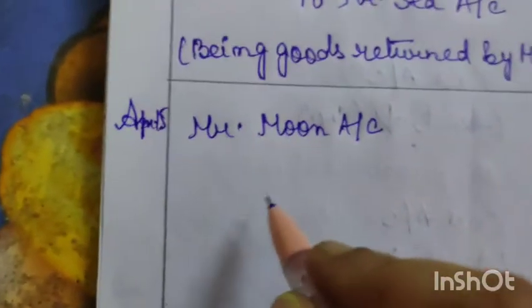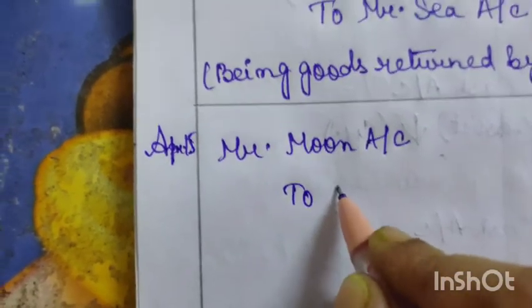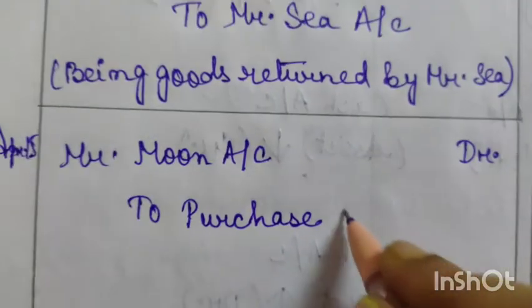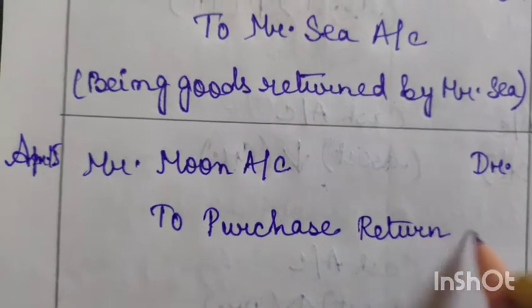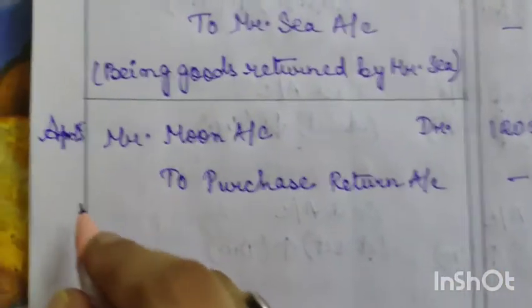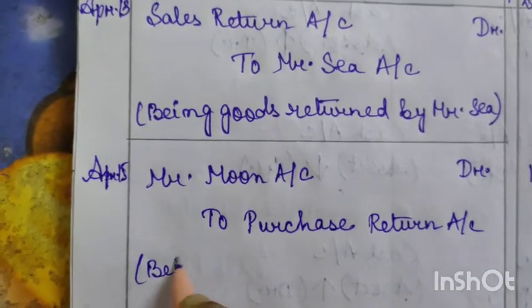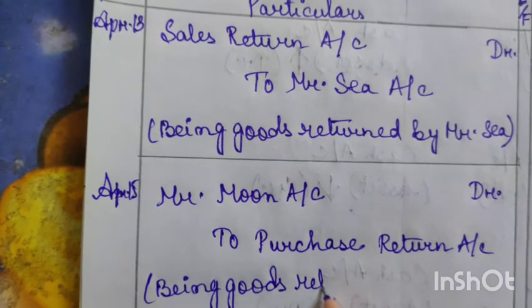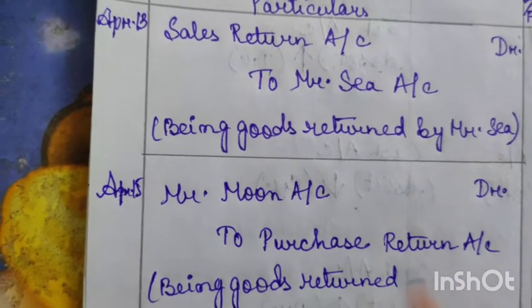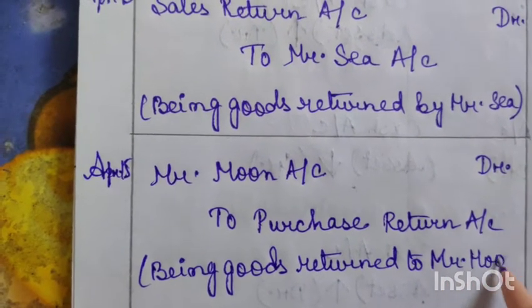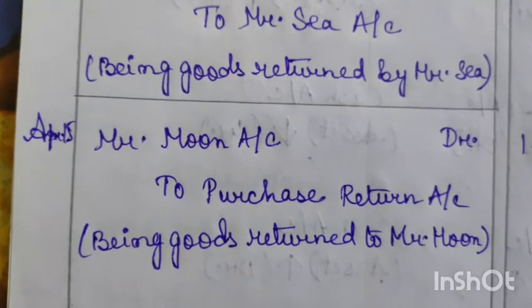So we will write here to purchase return account, same amount. On the credit side we will write now 1200. Okay. Now the narration will be being goods returned to Mr. Moon. Okay, so this entry is done.